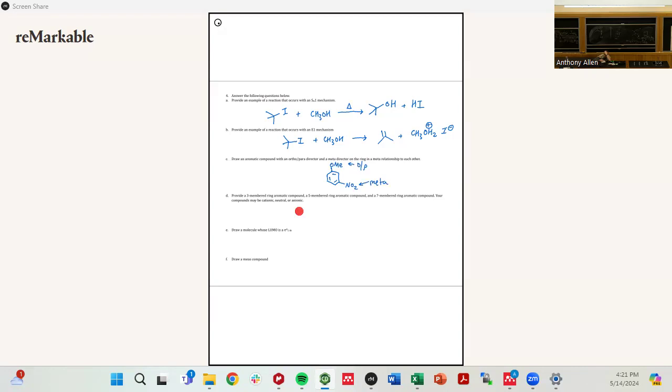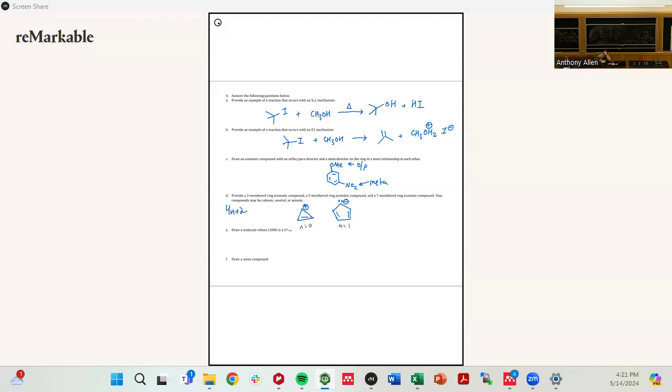Three-membered ring, aromatic. That's aromatic. Five-member. That's aromatic. 2, 4, 6. Here that's 2. So remember 4n plus 2. This is n equals 0.